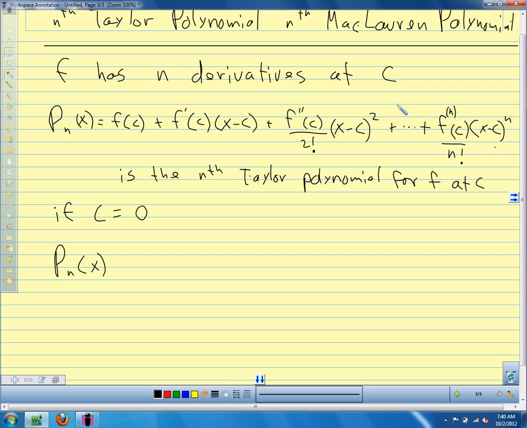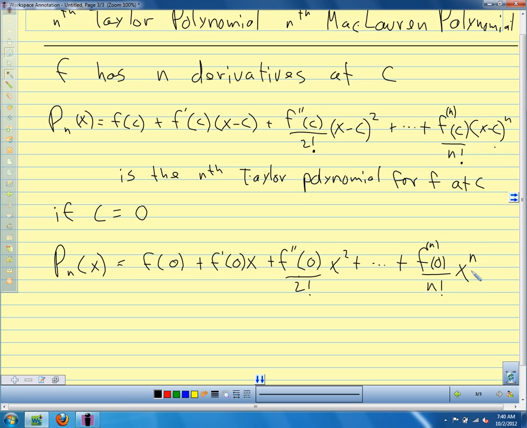The Maclaurin polynomial is just the Taylor polynomial expanded about 0. So this is our nth Maclaurin polynomial.